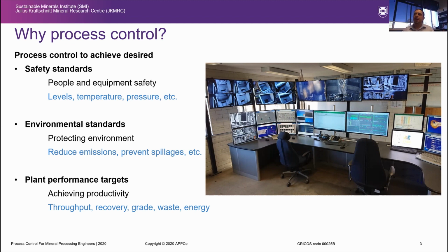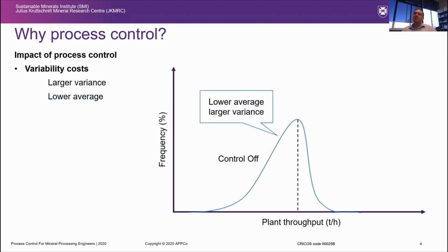I think that's one of the key reasons why process people have to be involved. While we are looking after the safety and environmental aspects, we can come up with some novel ideas in terms of how we design the control for the process. But essentially, these are the 3 aspects that process control has to fulfill.